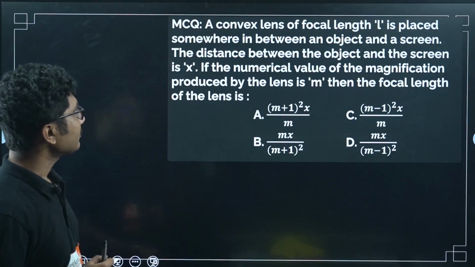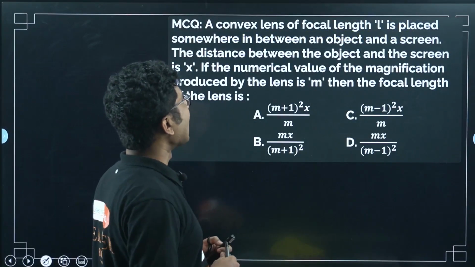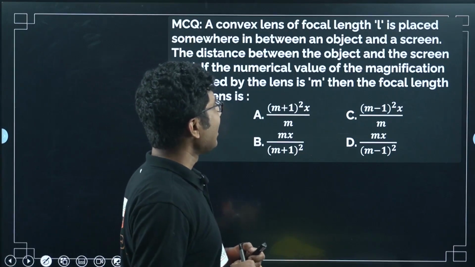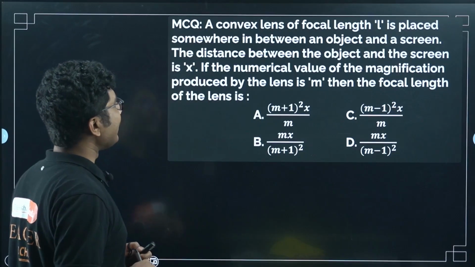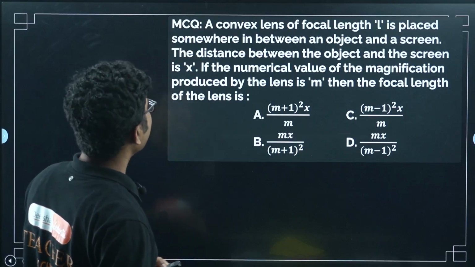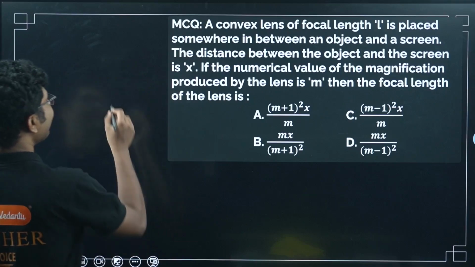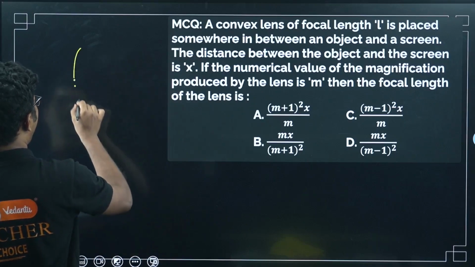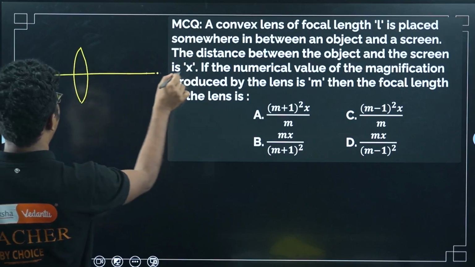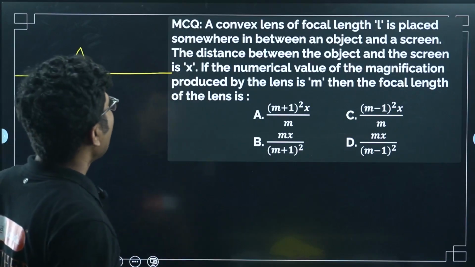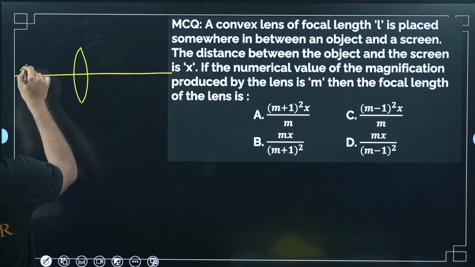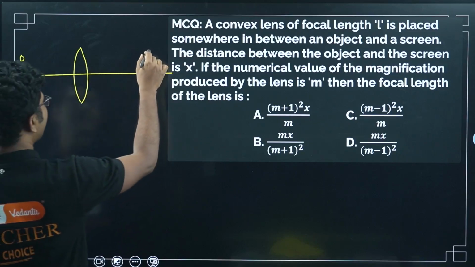Now let us solve one numerical. A convex lens of focal length L is placed somewhere in between an object and a screen. So a convex lens, focal length is given L, is placed somewhere between an object, there is an object and there is a screen.